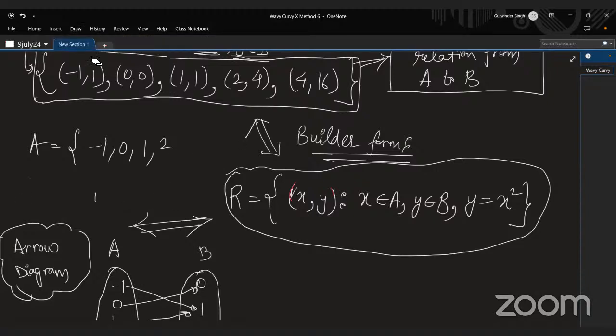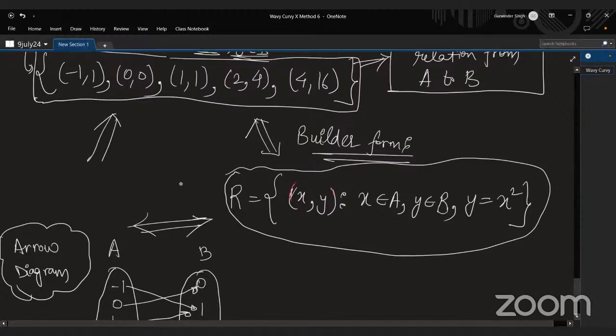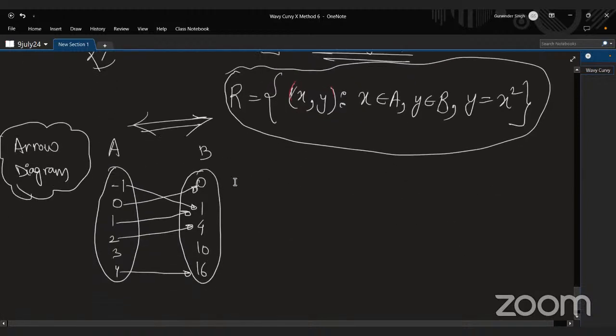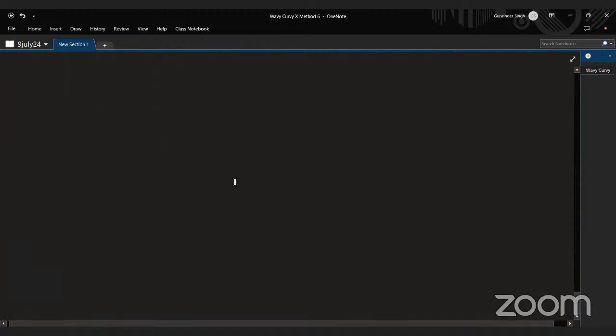So I have three options. I can write any one of these: either write it like this, or write it like this, or draw it like this. Fine? Clear? Yes, sir. Okay, great. You can do it any way. Basically, that was what I meant to say.